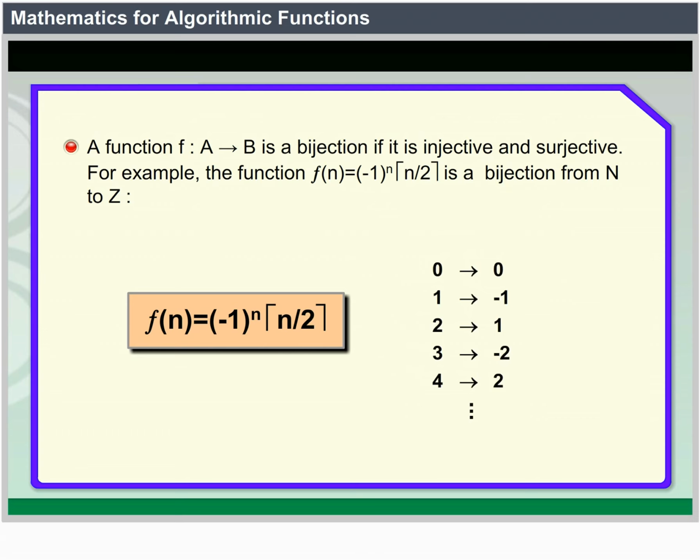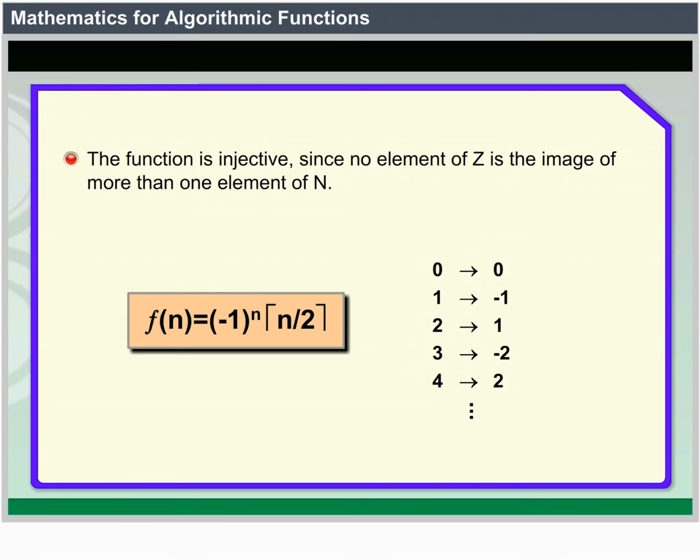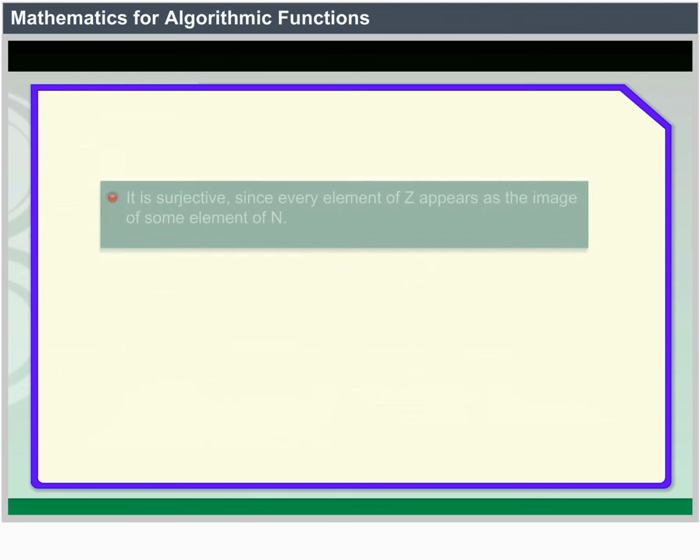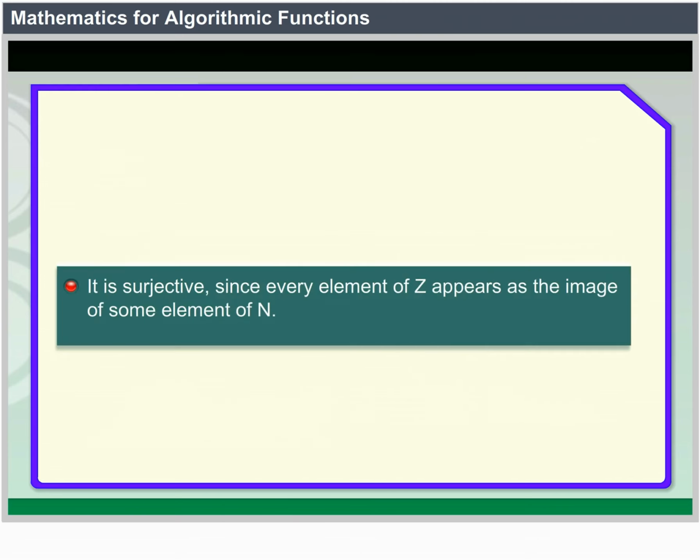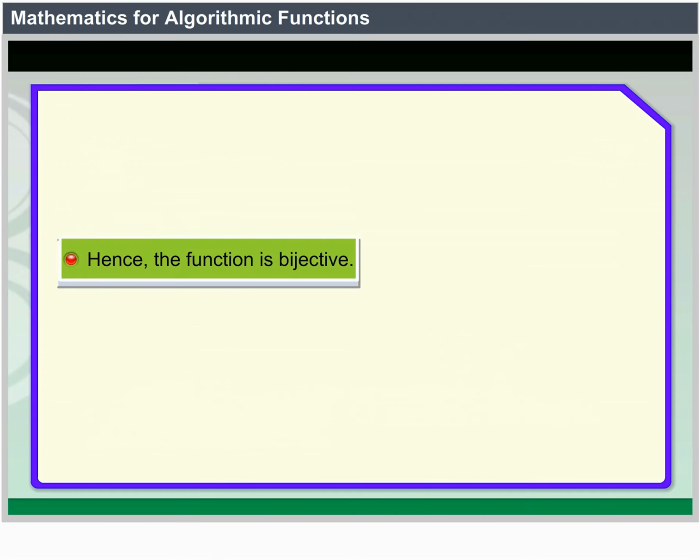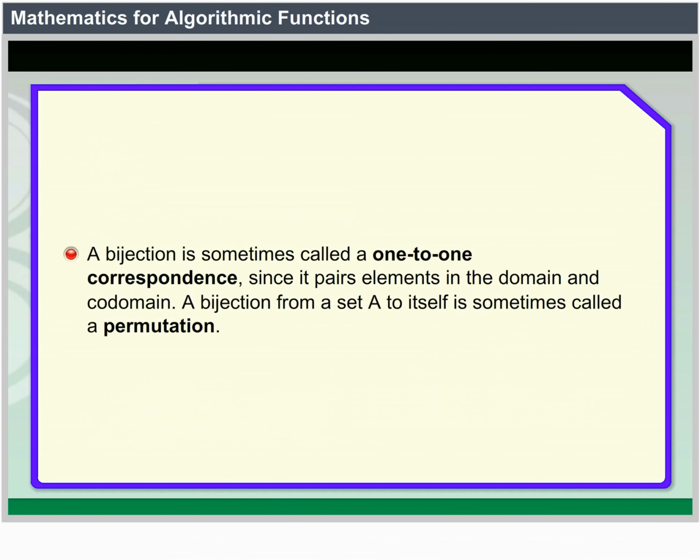The function is injective since no element of Z is the image of more than one element of N. It is surjective since every element of Z appears as the image of some element of N. Hence, the function is bijective. A bijection is sometimes called a one-to-one correspondence since it pairs elements in the domain and codomain. A bijection from a set A to itself is sometimes called a permutation.